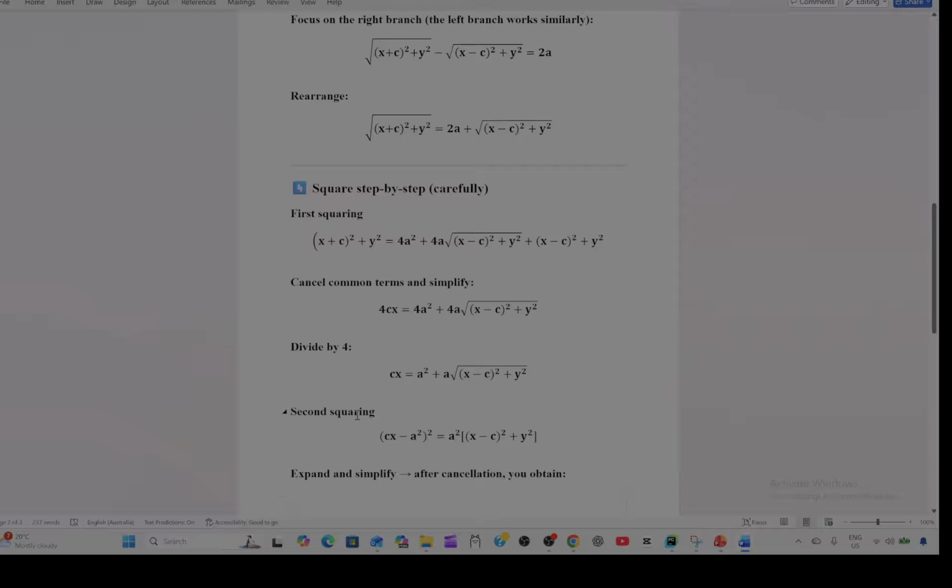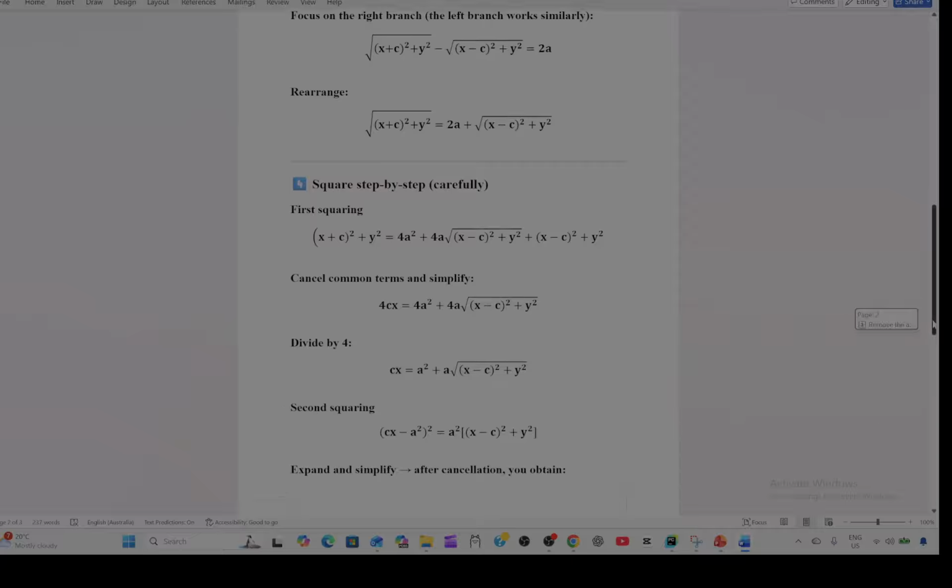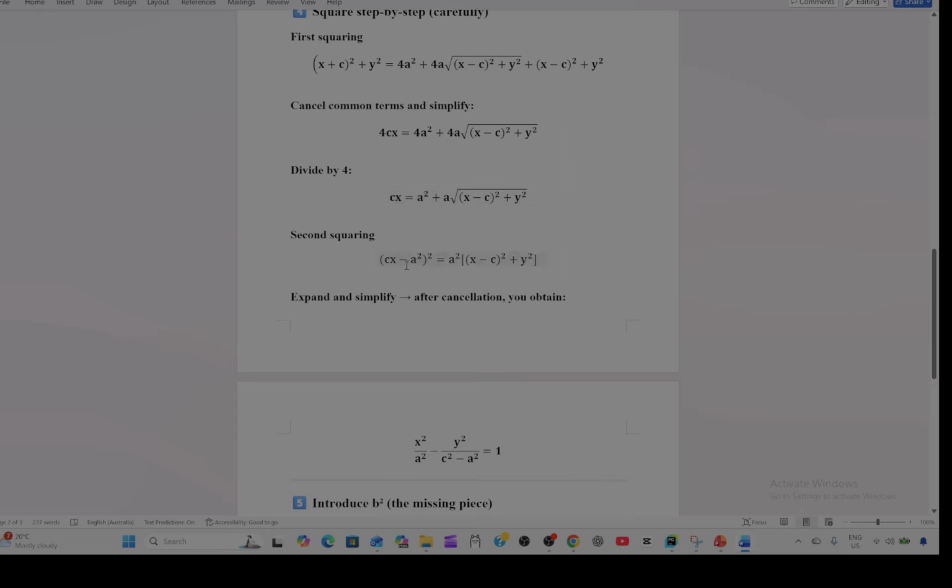Now we square both sides again to get rid of this square root. Rearranging, we square cx minus a squared, which equals a squared times the square root term squared, so there is no more square root. Expand and simplify.